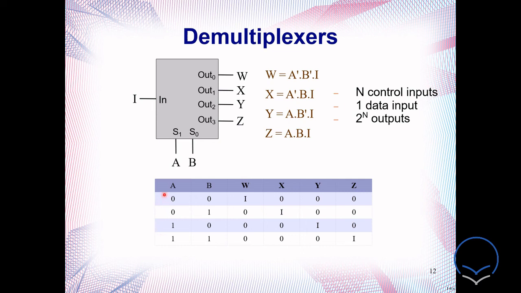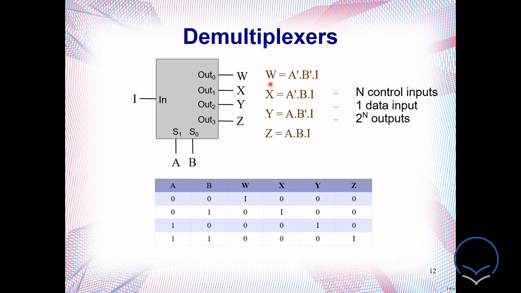Whenever the control input is 0 0, I is connected to output 0, or W. Whenever 0 1, I is connected to X. 1 0, Y, and 1 1, Z. So this is the truth table.